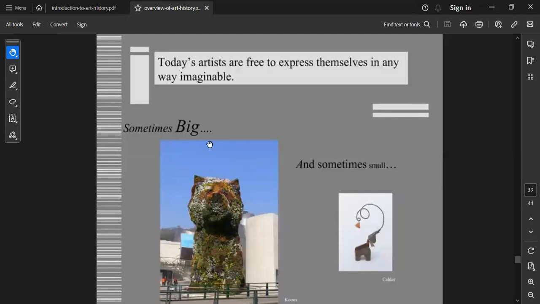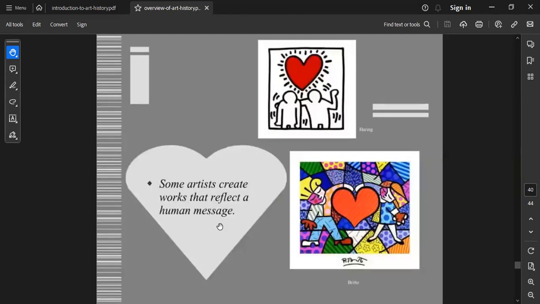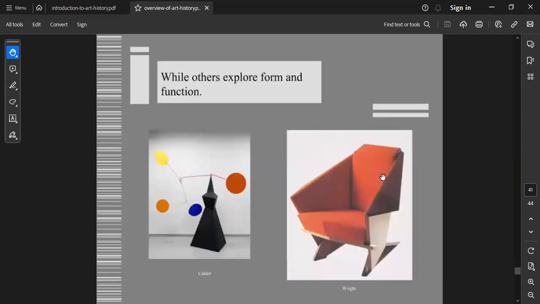So these are some examples. This is a postmodern feature using trees and all. They have sculpted this. These are again some of the visual representations. Here you can see the use of cubism. These are again some modern sculptures and modern furniture.